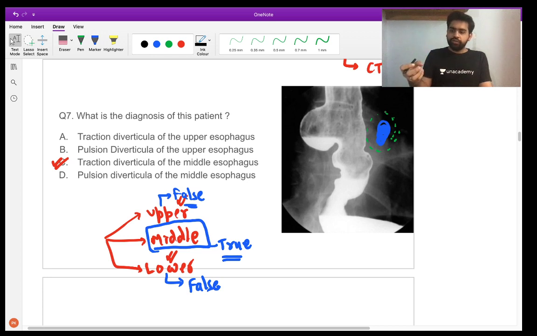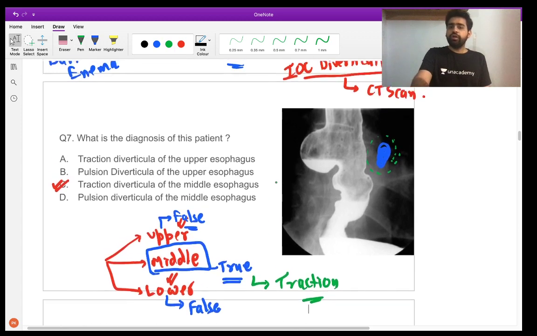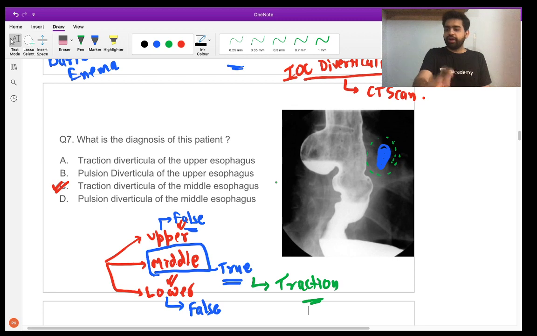Because of fibrosis, it will pull the esophagus along with it, and that is why the middle esophageal diverticula are the true diverticula, also called traction diverticula. So please remember this. Upper and lower esophageal diverticula are false diverticula or pulsion diverticula, and the middle esophageal diverticula are true diverticula or traction diverticula. So this is an image of a middle esophageal diverticula, which is a traction diverticula.